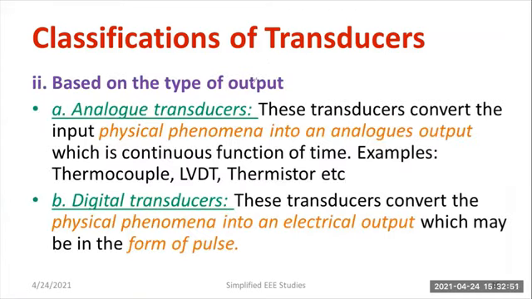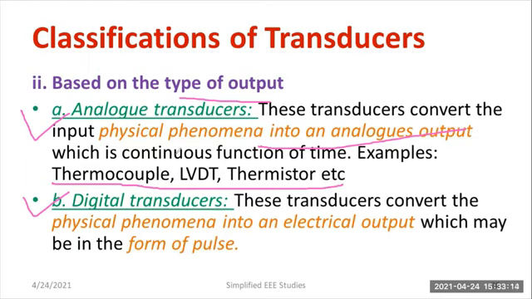Now, according to the nature of output, it is possible to divide the transducer into analog transducers and the second one, digital transducer. Regarding analog transducer, the output of the transducer will be analogous in nature. For example, thermocouple, LVDT, thermistor.